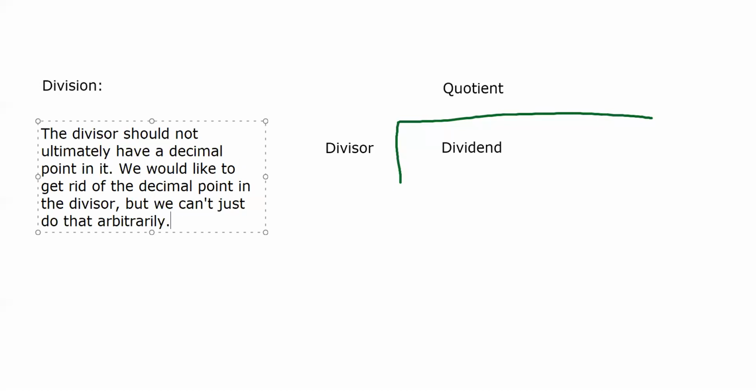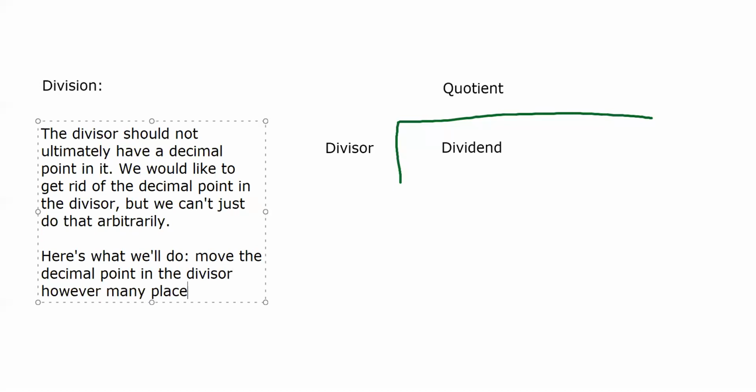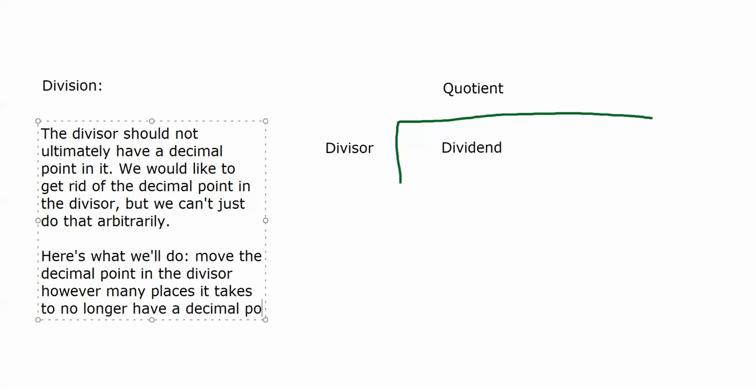So here's what we'll do. Move the decimal point in the divisor however many places it takes to no longer have a decimal point. You move it to the right until it's no longer important.